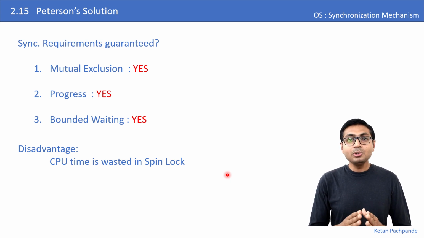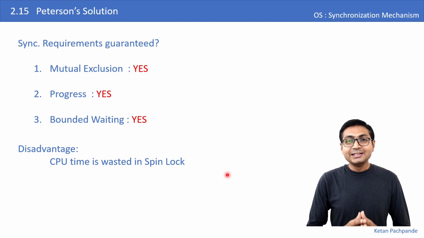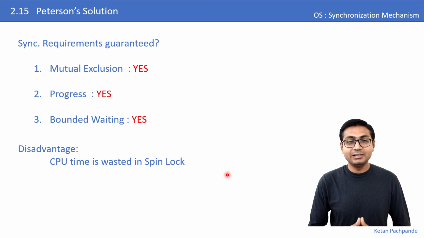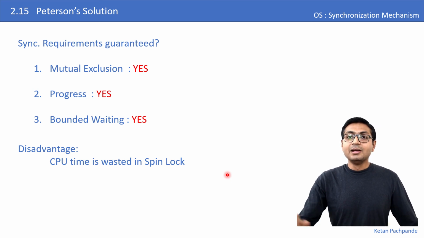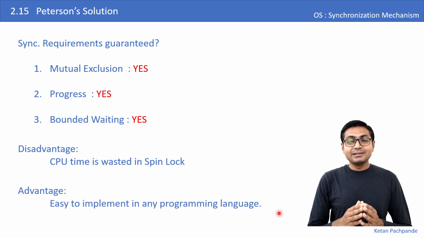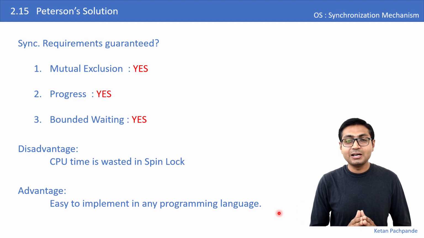So it is a CPU-bound checking condition, I can say, or CPU time is surely wasted in doing the busy waiting. But the advantage is, this mechanism is easy to implement in any programming language, C, C++, Java, etc. In my next videos, I will demonstrate this Peterson solution with the C# programming language.